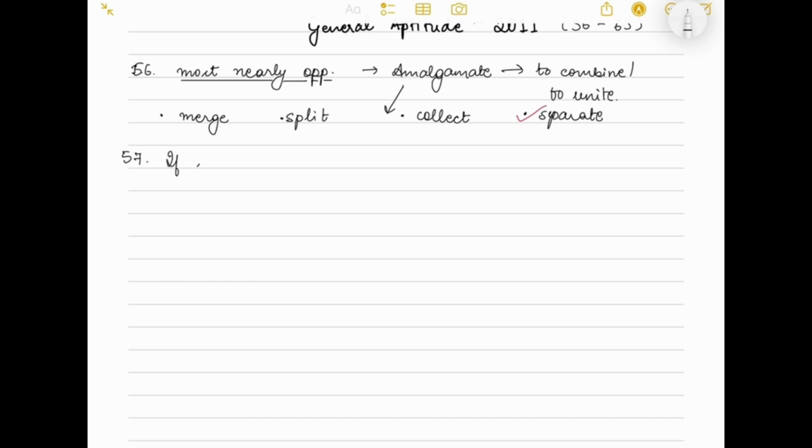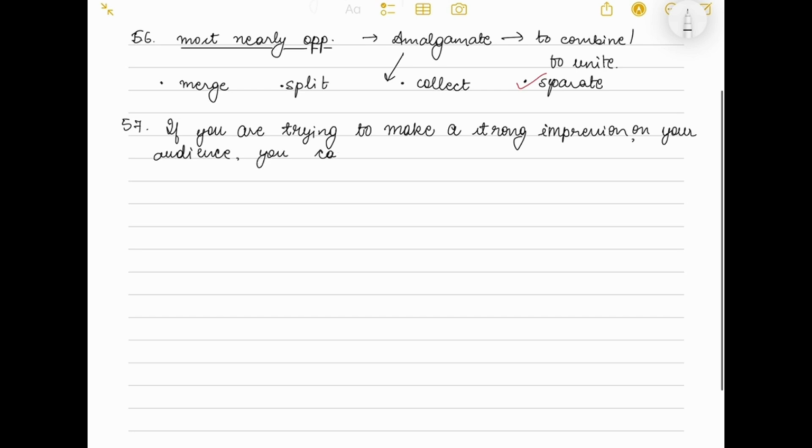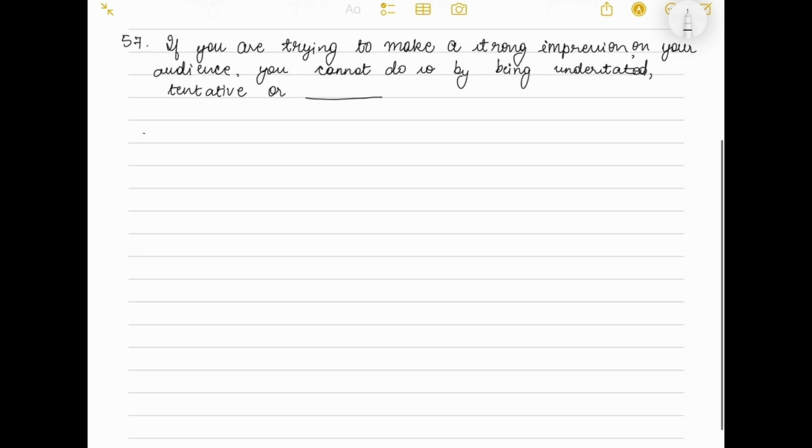The sentence was: if you are trying to make a strong impression on your audience, you cannot do so by being understated, tentative, or blank. I'll just write down the options also.